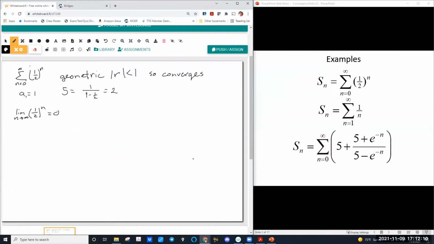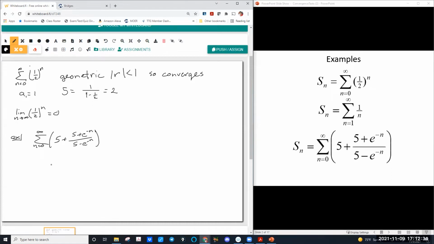It diverges. Let's take this series here. So we're going to look at the series from n equals 0 to infinity of (5 plus e to the negative n) over (5 minus e to the negative n).